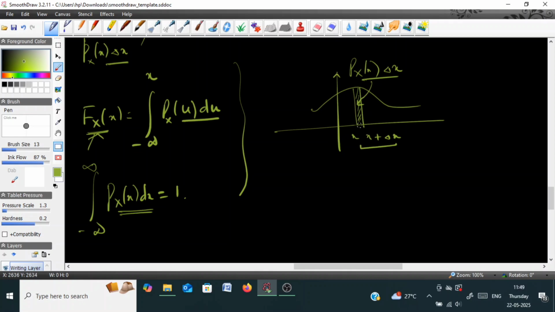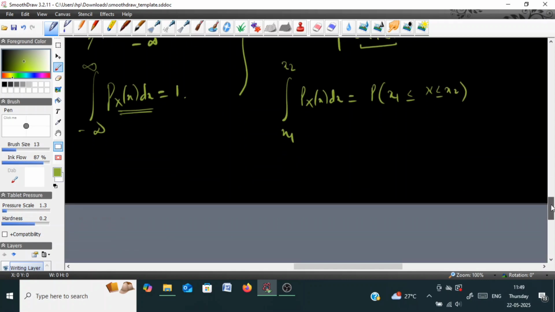So if you take any 2 points x1 and x2, and you integrate the PDF between these 2 points, the integral from x1 to x2 of p_X(x) dx will give you the probability of getting the random variable X between x1 and x2.